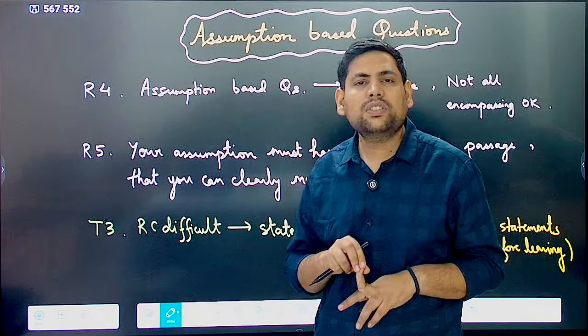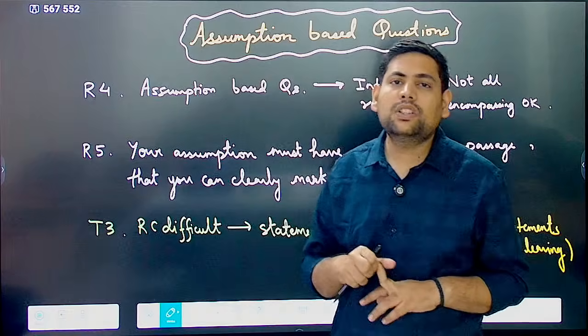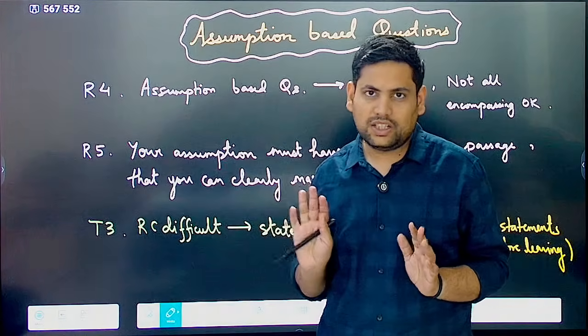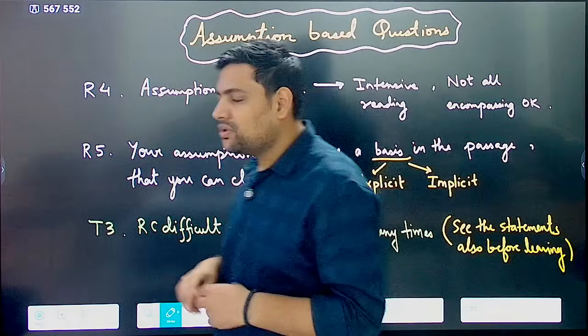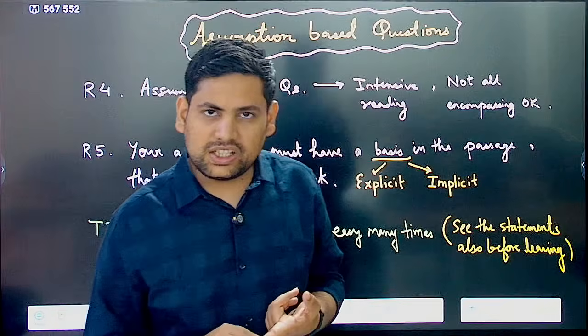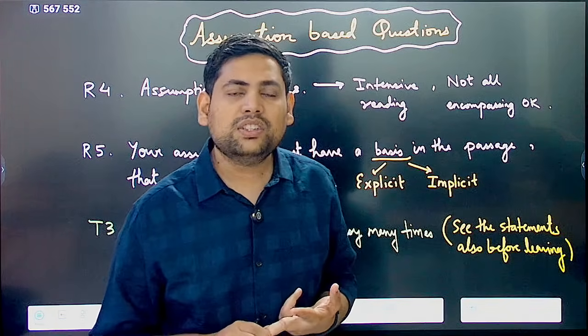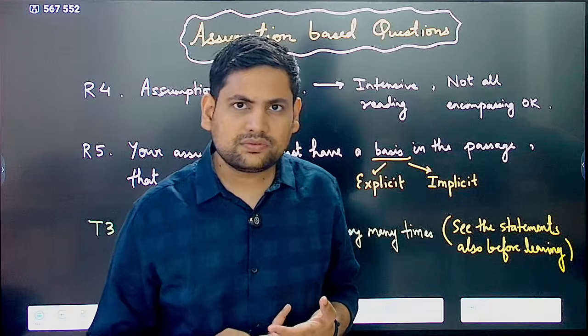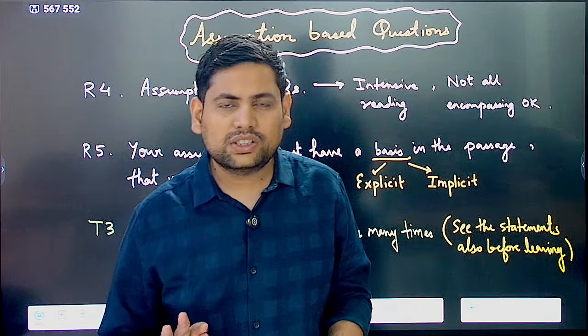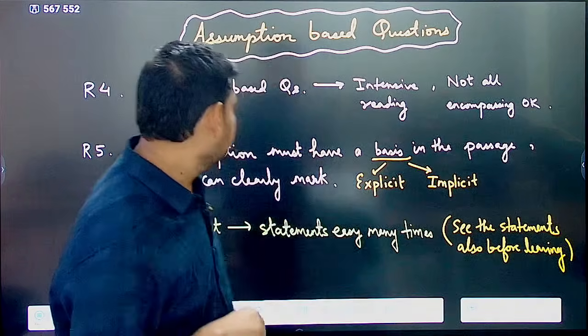And the last was indicator words, which words you have to focus on and which words you need to stop focusing after. Then we learnt about two traps also. One trap was that a small RC does not mean easy, and the other trap was that if keywords or some buzzwords are used which are not in the passage, then they tend to be wrong, or you can eliminate them.